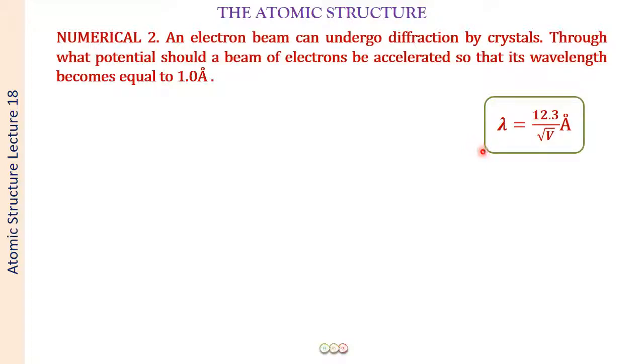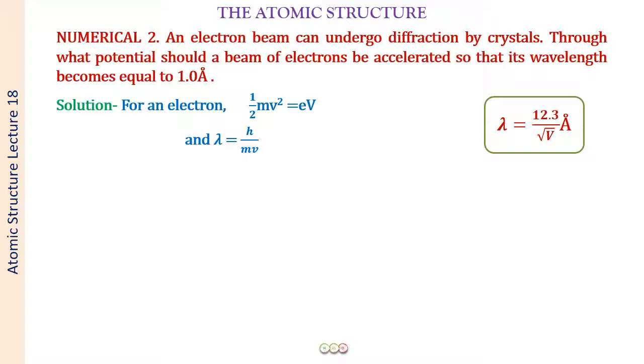Now how we have got it, I'll quickly revise that again with you so that the concept becomes strong. Otherwise, as far as the question is concerned, you can put directly the value of lambda to be 1 angstrom and calculate the potential. Let me tell you once again, we have an electron for which the kinetic energy half mv square is equal to eV, and lambda is equal to h over mv, the momentum.